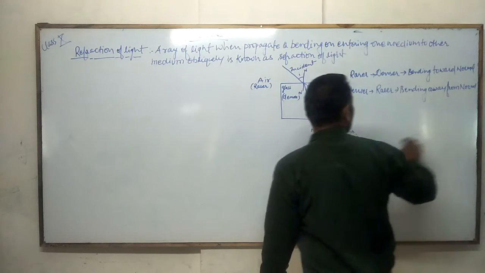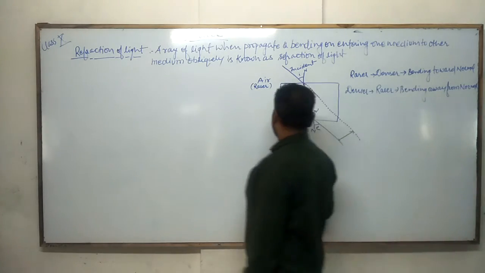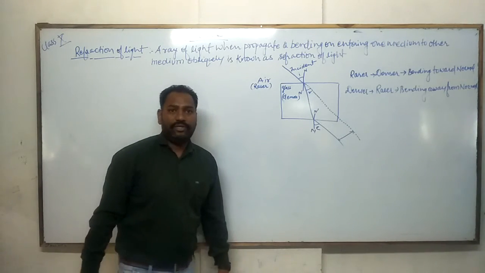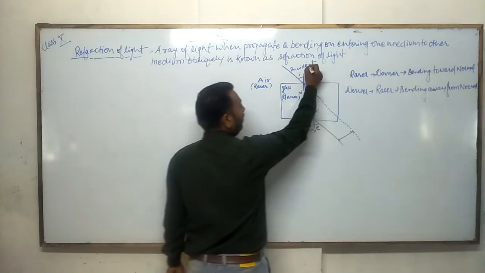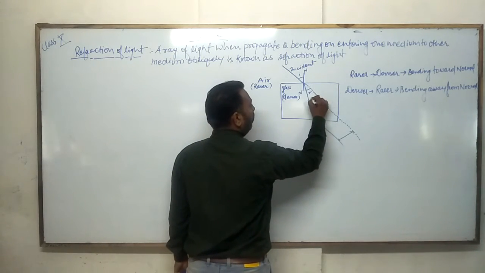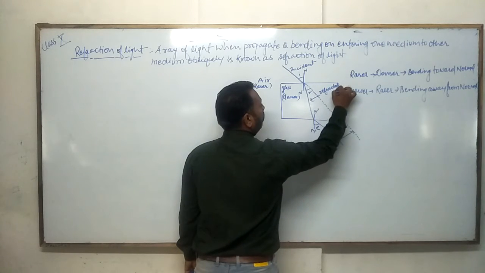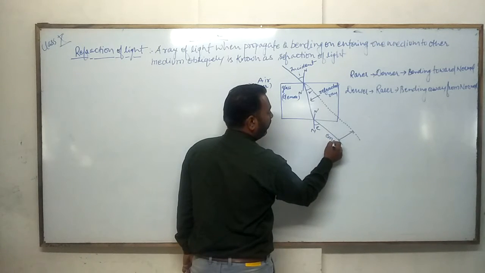You have to see here, this is the normal. This is the diagram to represent how light enters from rarer to denser. This is the incident ray, this is the refracted ray, and this is the emergent ray.